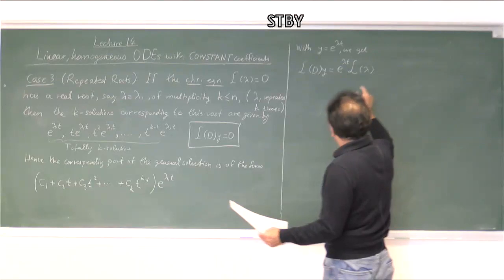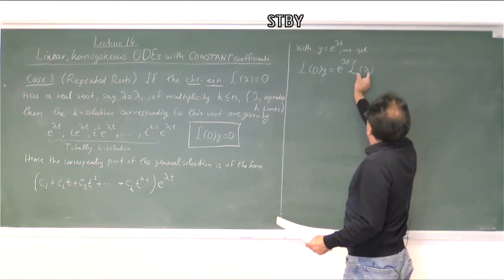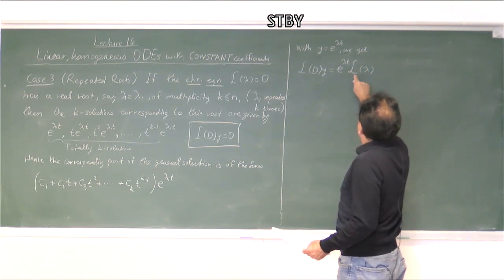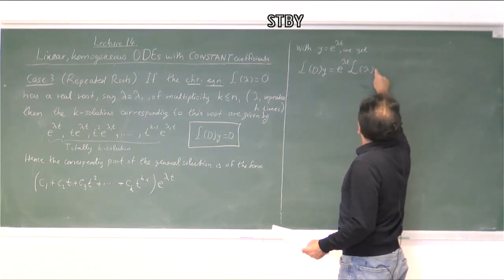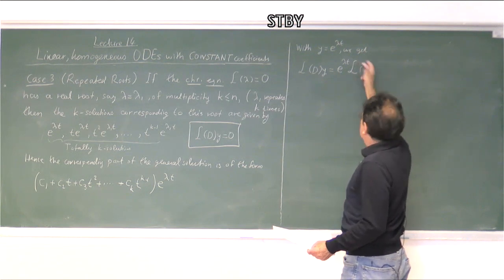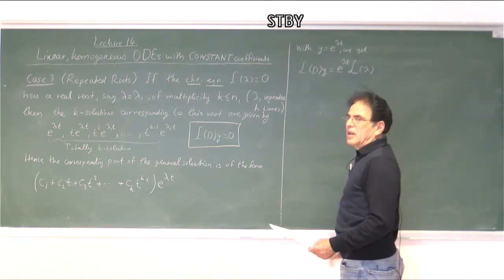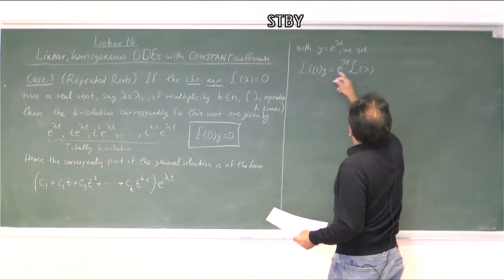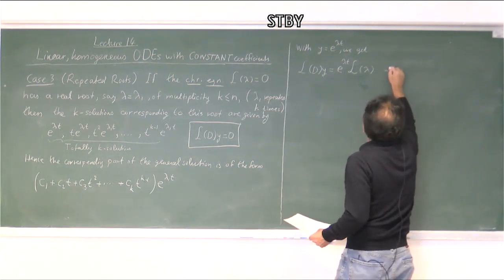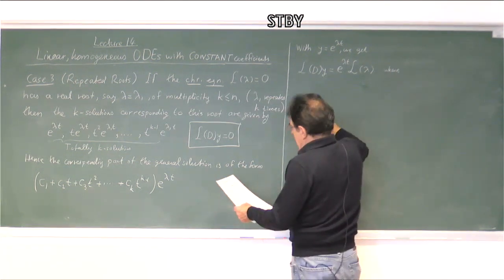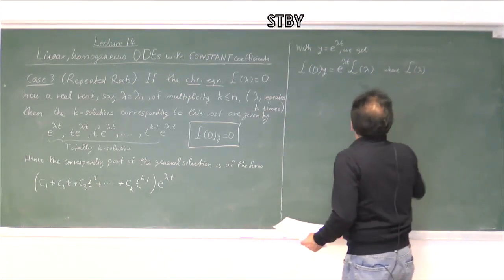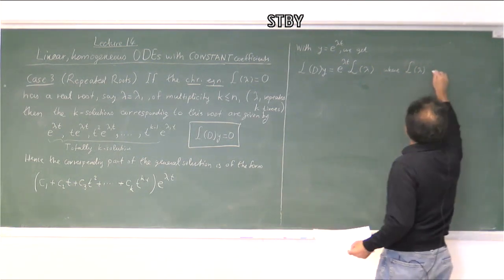And when we equate this to 0, and if we find a root of the characteristic polynomial, then this result becomes 0 for that lambda, making this function a solution. Now, remember, L of lambda in this case contains a factor.